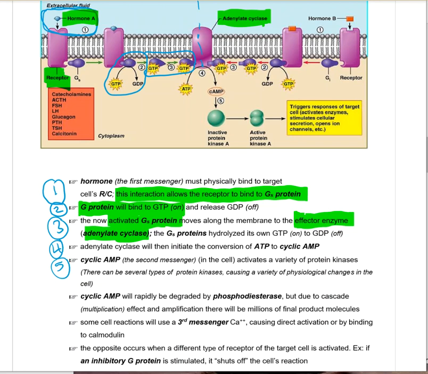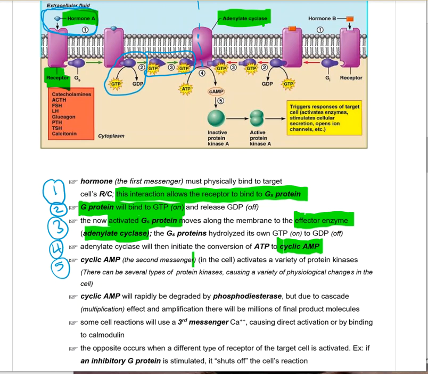Now the G protein moves along to an enzyme right here called adenylate cyclase. Adenylate cyclase's job is to convert ATP not into ADP, but actually go one step farther and go to cyclic AMP, so adenosine monophosphate. And so what that does is this cyclic AMP is now our second messenger.